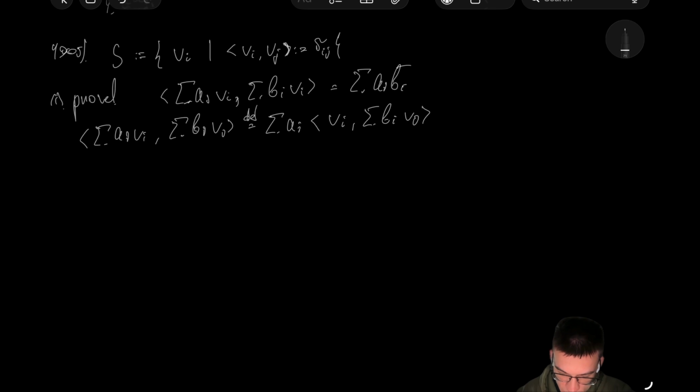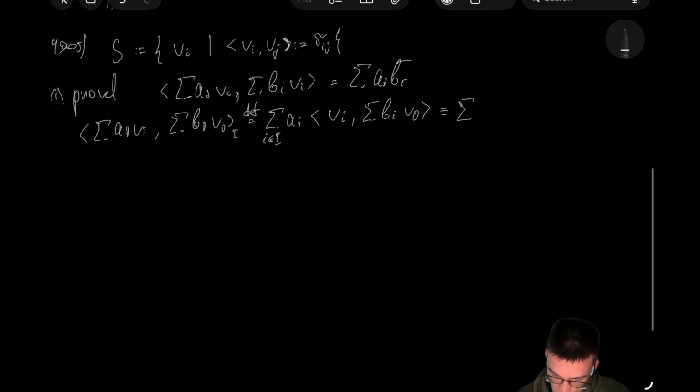By definition of inner product with respect to an orthonormal Euclidean space, where i belongs to the indexing set I, this can be written as a double sum of Ai, Bj times the inner product of Vi and Vj.